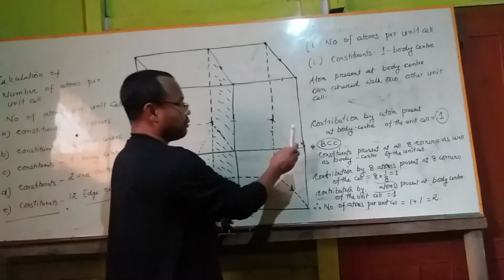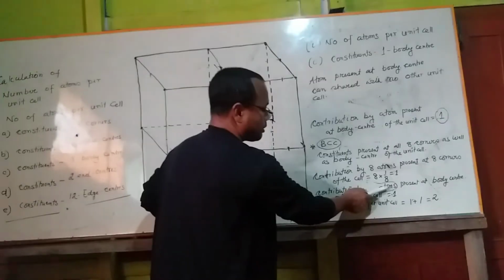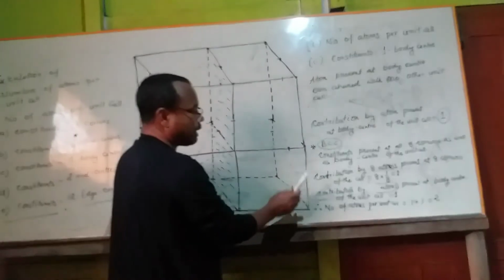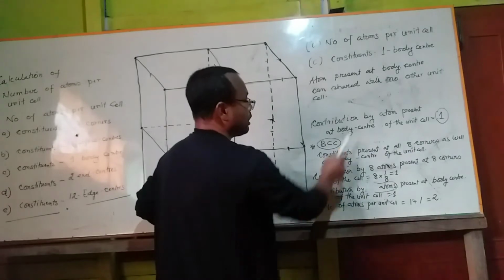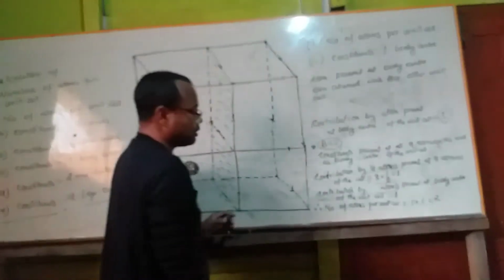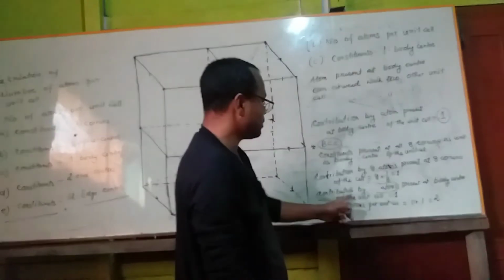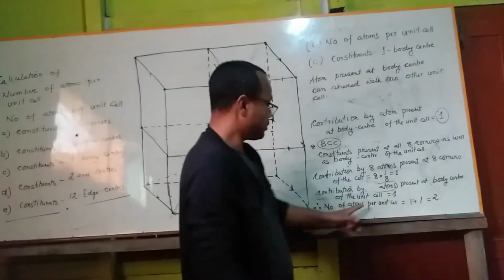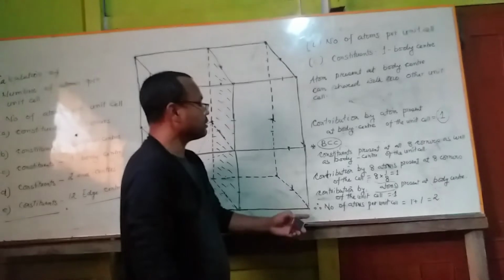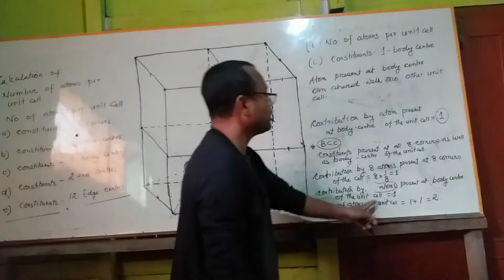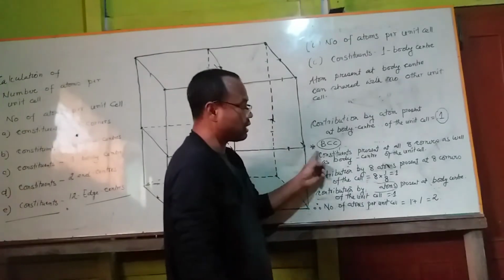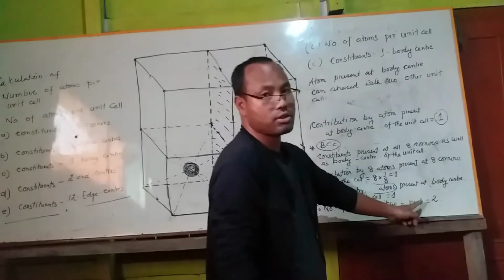But for the atom present at the body center, no other unit cell shares it. Therefore the contribution by the atom present at the body center of the unit cell remains only 1. So finally we find that the number of atoms per unit cell in the BCC is 1 plus 1 is equal to 2.